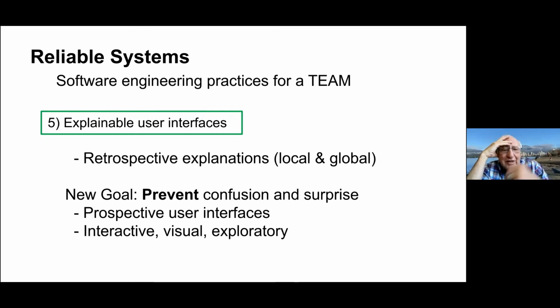Most of that work, more than 90%, is retrospective explanations. That is, the system gives an answer, and then if the user is confused, surprised, it says, here's why. And there are two kinds of explanations: local ones that say why particularly your situation was problematic, or the global explanation of how the machine learning, deep learning tools were working.